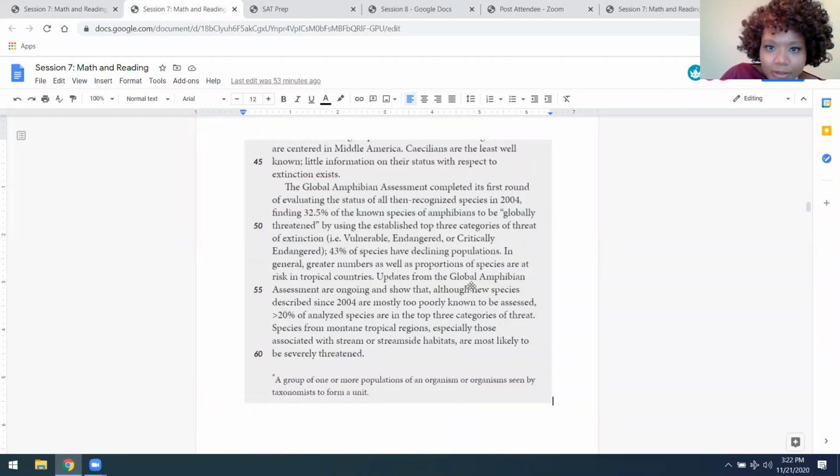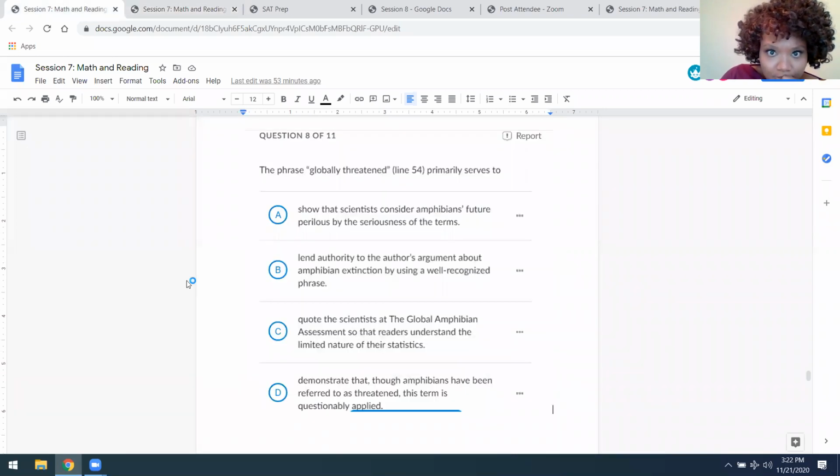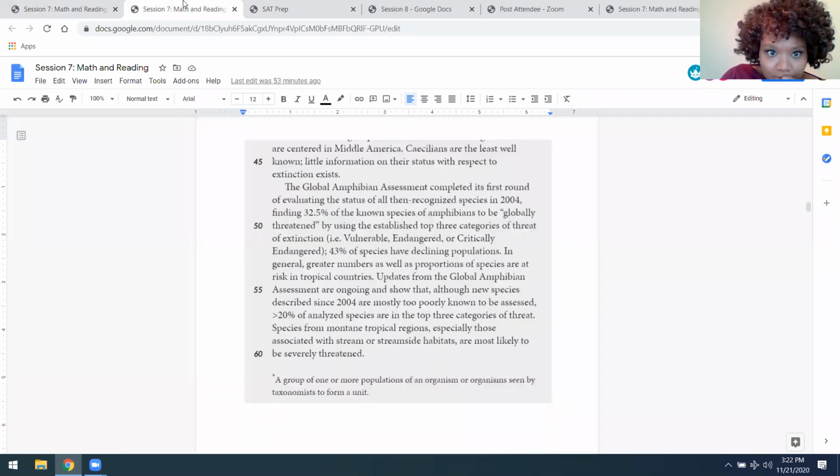So updates from the global amphibian assessments are ongoing and show that although new species described since 2004 are mostly too poorly known to be assessed, greater than 20% of analyzed species are in the top 3 categories of threat. So wait, is this right? Line 54.